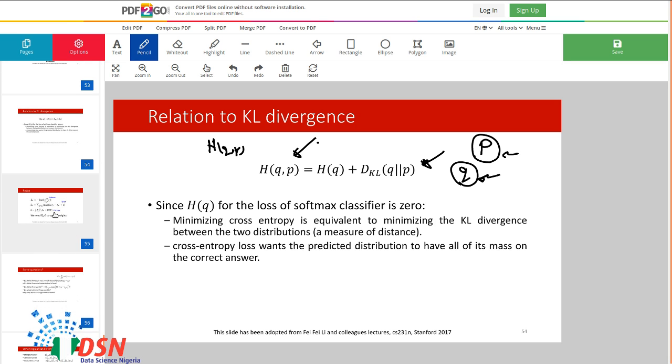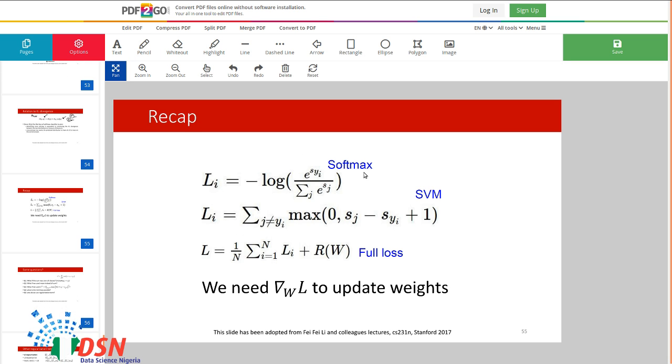Okay, so as a summary, now we learned the softmax loss: what is softmax, what is log likelihood, what is negative log likelihood, and how we could apply cross entropy loss.